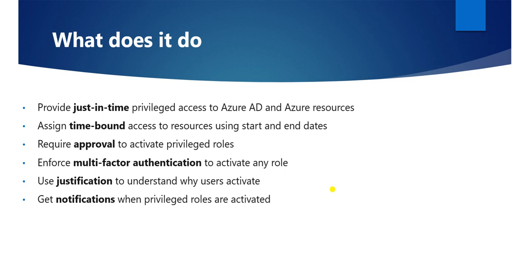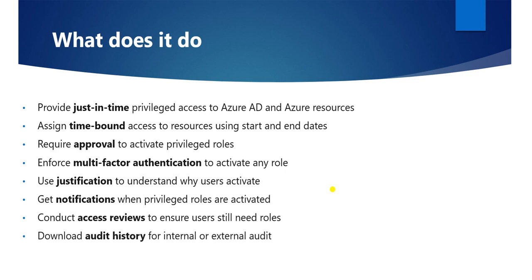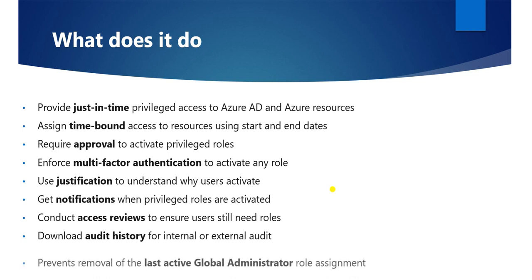You also get a notification when privileged roles are activated, so you will get a notification when your role is activated. You can conduct an access review to ensure the users still need the roles, or you can download the audit history for internal and external audit.